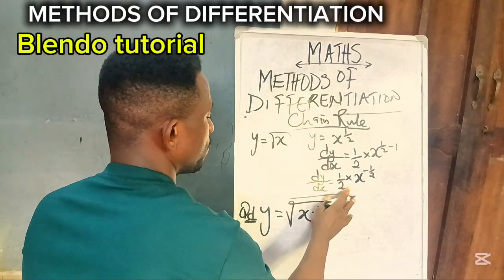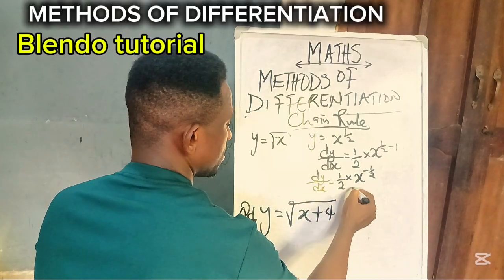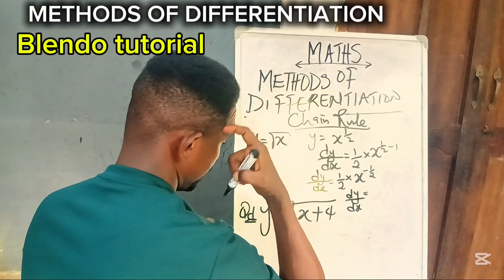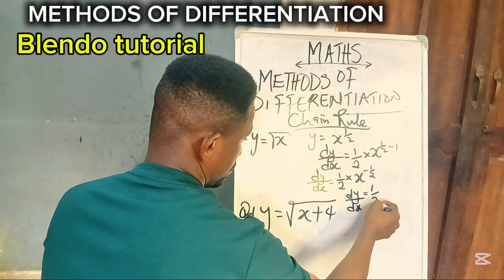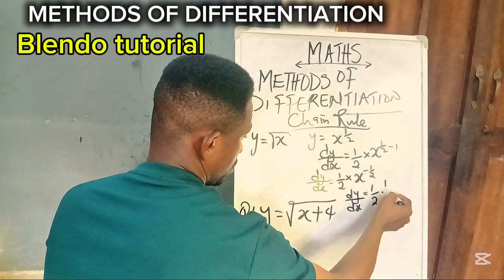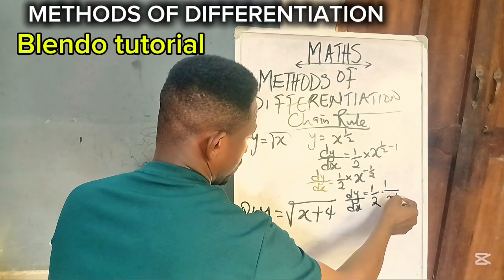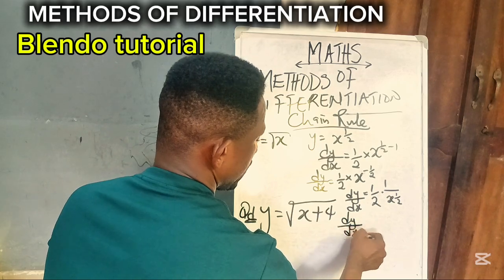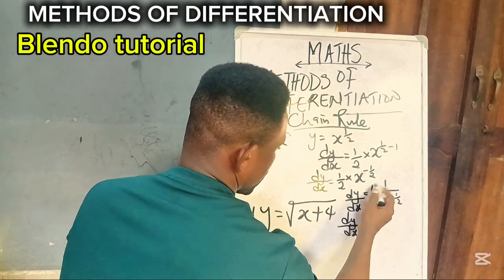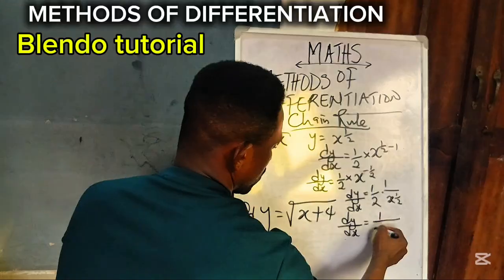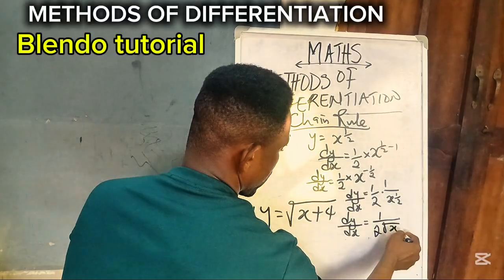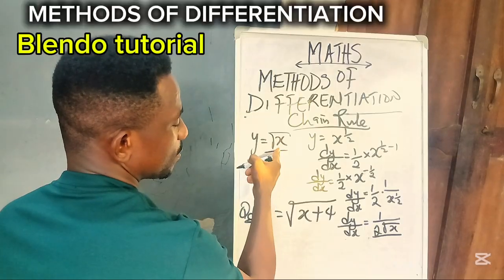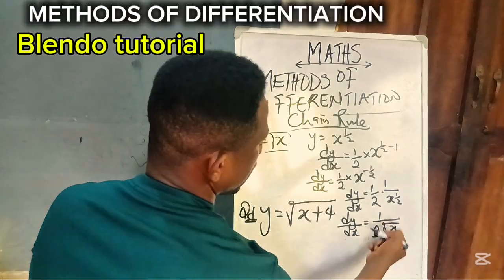From here, you'll find out that dy/dx is going to be 1 over 2 times 1 over x to the power 1 over 2, so dy/dx will be 1 over 2 square root of x. So anytime you are given y equal to root x, the answer is 1 over 2 root x.